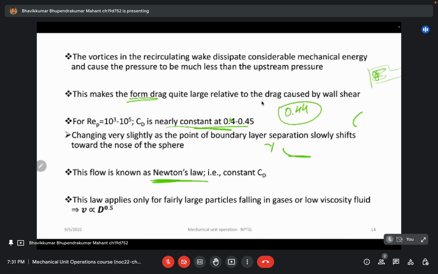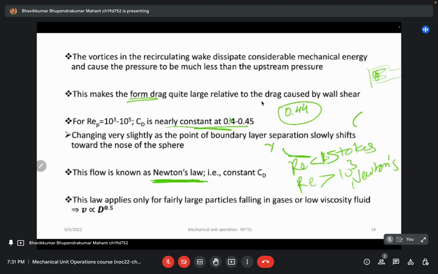So the first law: when Reynolds number is low, then it is Stokes law. When Reynolds number is much higher, then you can consider that Newton's law pertains in that particular area.